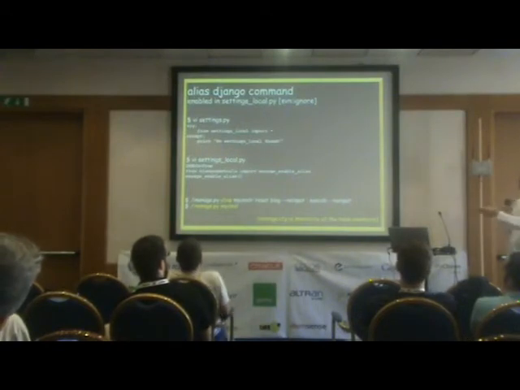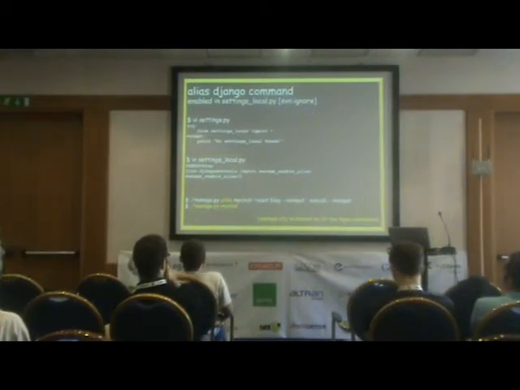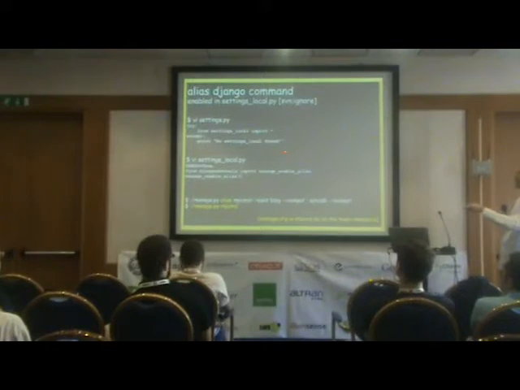I want to speak about the alias command. That is inside Django DevTools also, where you have to, before, this is a best practice that I don't know if you know: in the settings, usually at the end, all variables are imported from the settings local.